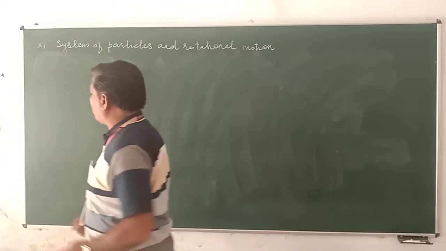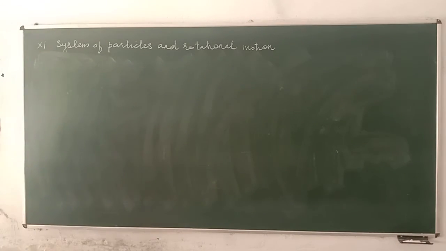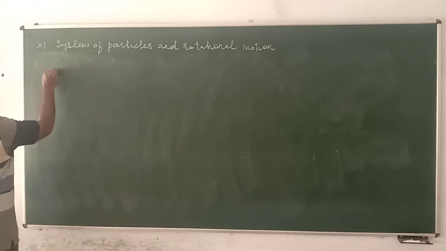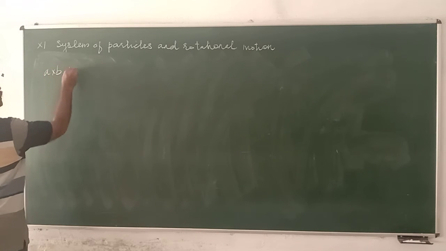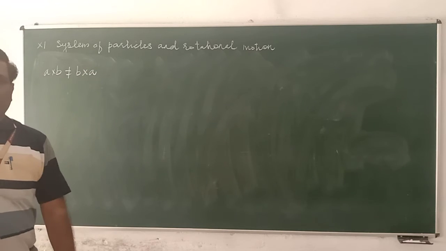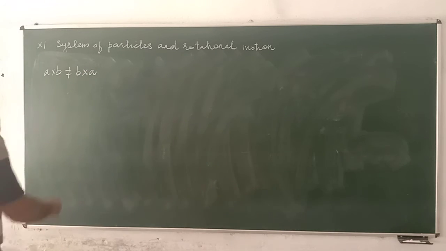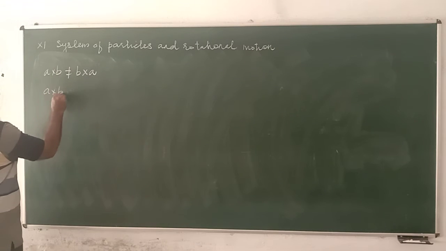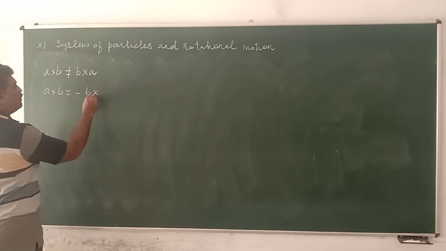Properties of the vector product: A cross B is not equal to B cross A. It's not commutative; if we change the order, they are not equal. In fact, A cross B is equal to minus B cross A.